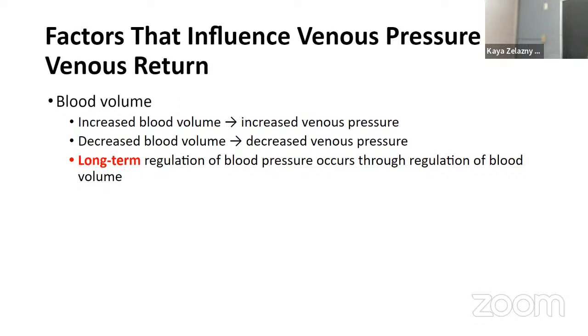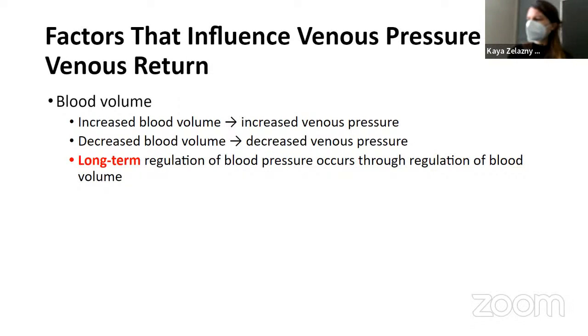Right? So this is that relationship between the volume of the contents and the volume of the container. So when we have more blood, this increases our venous pressure. If we have less blood, this decreases our venous pressure.